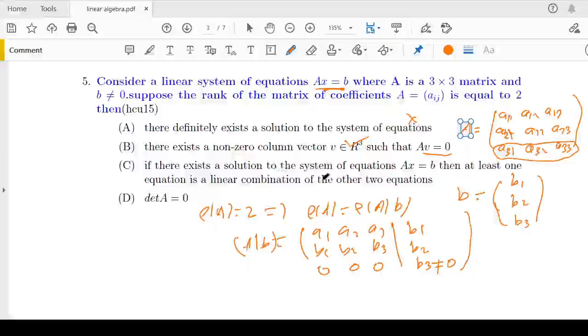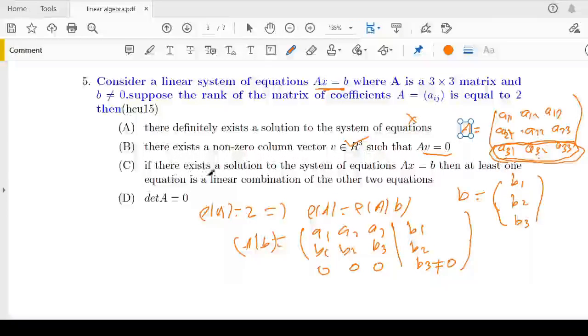If there exists a solution to the system of equations Ax = B, then at least one equation is a linear combination of the other two equations. Since the rank of A is equal to 2, there are only two linearly independent rows. Therefore, the third row equation is linearly dependent on the first two rows.